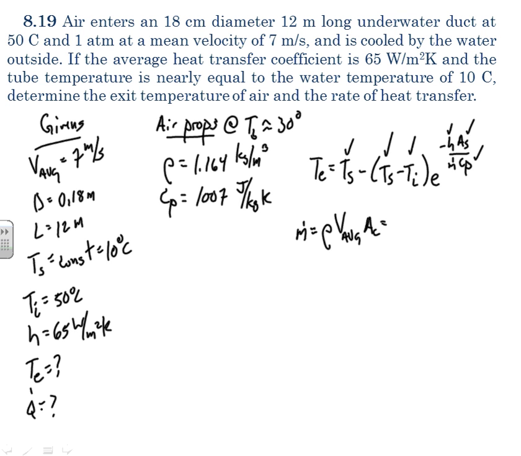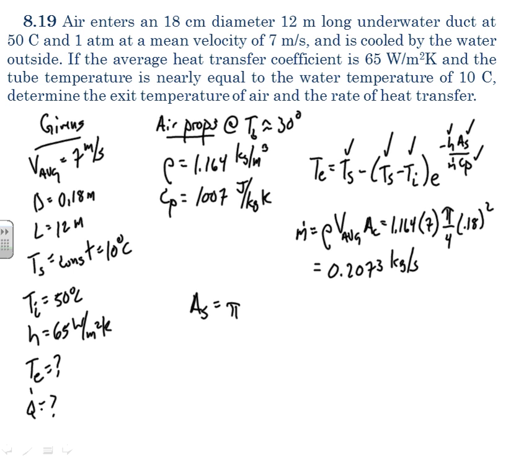So that's 1.164 times V average, which I was told is 7 meters per second, times the cross-sectional area, which is pi over 4 times the diameter squared. Now my mass flow rate is equal to 0.2073 kilograms per second.